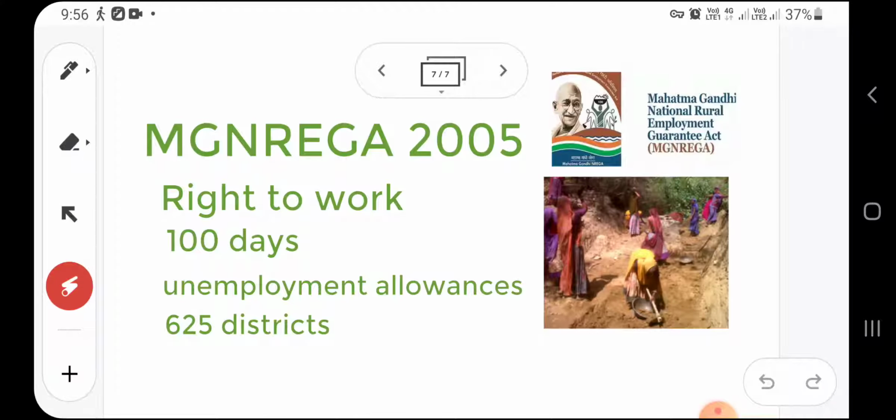Remember the MGNREGA full form, in which year it was introduced, how many minimum days of work will be provided, why the unemployment allowance is provided, and in how many districts MGNREGA was introduced.